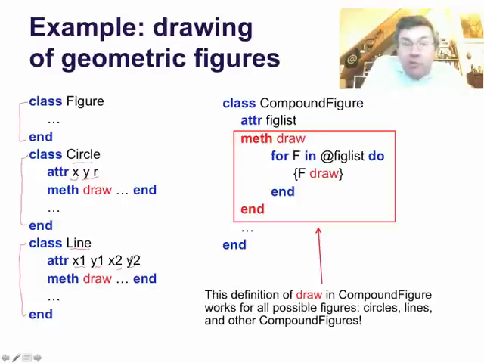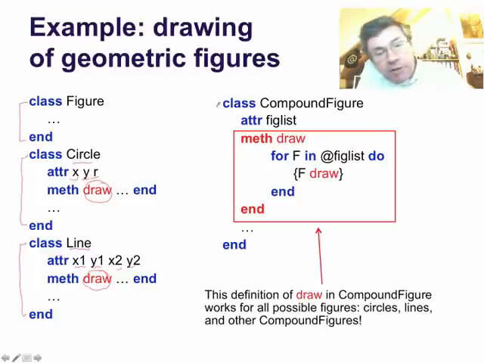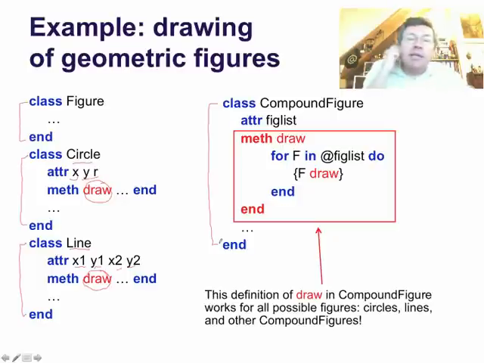And so each of these classes has a method draw, which draws that figure on the plane. And in particular, we have here a class compound figure that consists of a figure which has other figures inside it. So for example, if we want to represent a triangle, we can represent it by 3 lines.